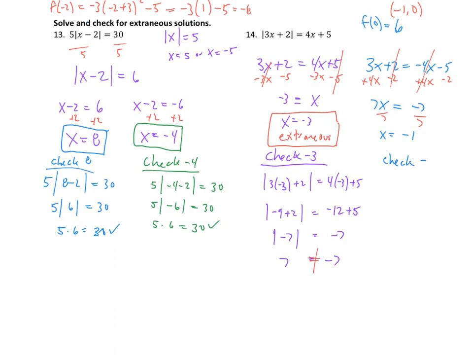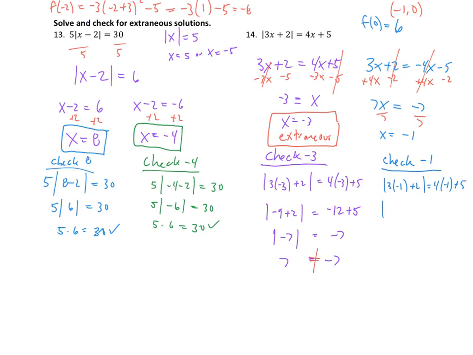Now I check -1. Just because -3 was extraneous does not mean this one will work. I need to check both. Again, plug back into the original equation. So the absolute value of 3 times -1 plus 2 equals 4 times -1 plus 5.